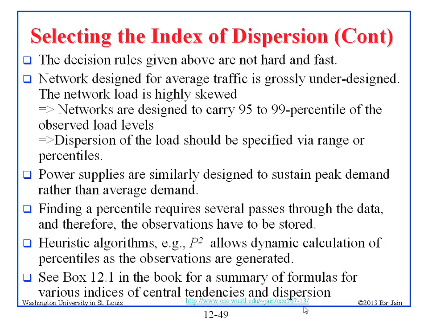So the idea is there are algorithms for what we call on-the-fly estimation of medians. You understand the problem? The problem is that if you're getting the data continuously, you don't want to store it, but you still want to be able to tell the median and the 90 percentile and 95 percentile. So there are such algorithms. All right. And then there is a summary box in the book.